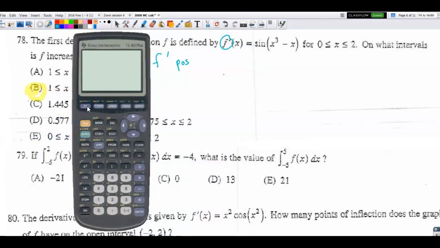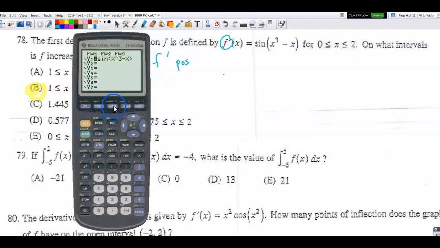So y equals, let's get rid of all of the stuff that's in there. So I have the sine of, make sure your calculator's in radian mode, always radian mode for calculus, x cubed minus x, close the parentheses.